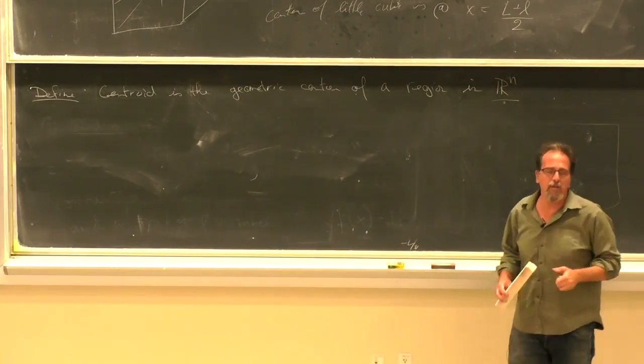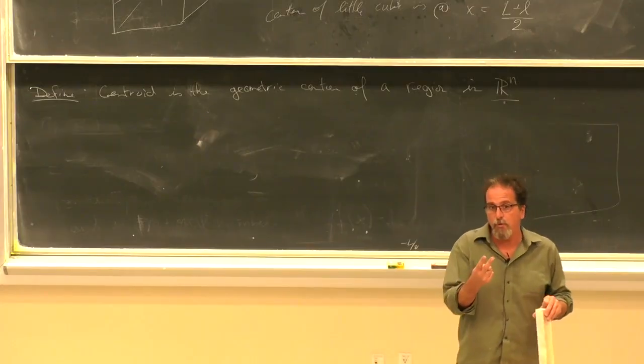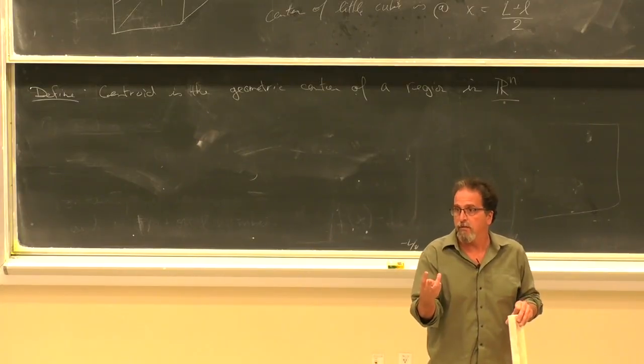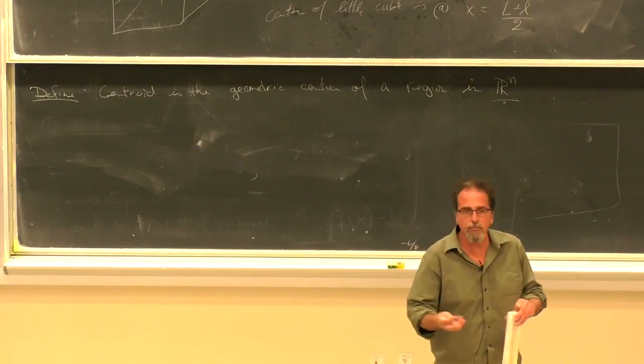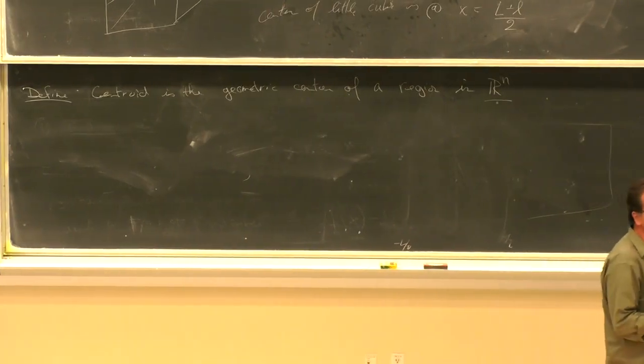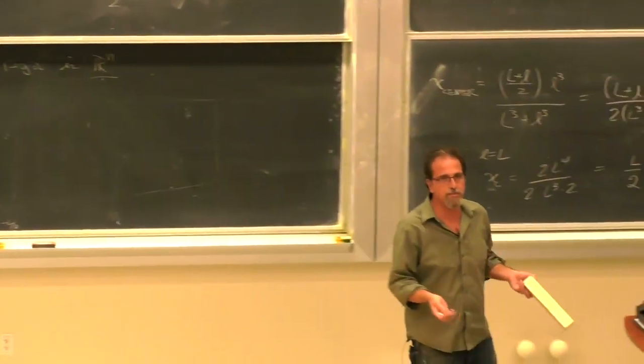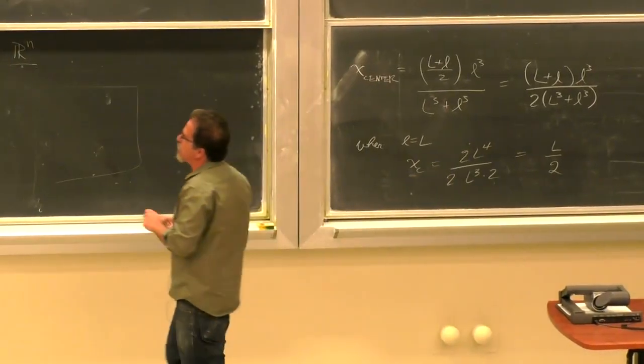But the n's that you care about really are 2 and 3. You really care about two-dimensional objects and three-dimensional objects, because we write on two-dimensional objects, we draw on two-dimensional objects, and we live in 3 dimensions. So you're really going to consider n equals 2 or 3.